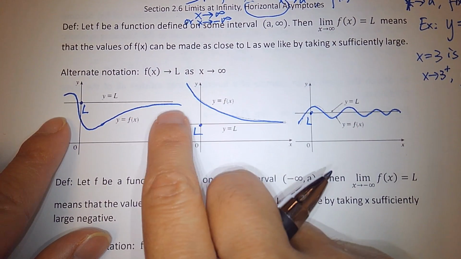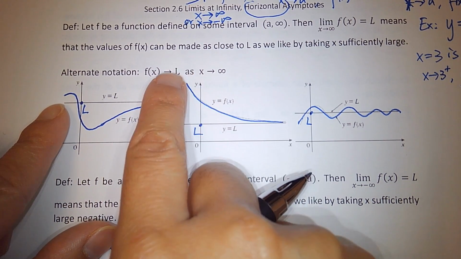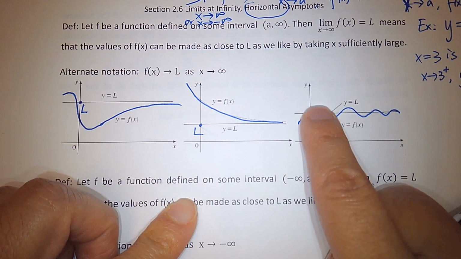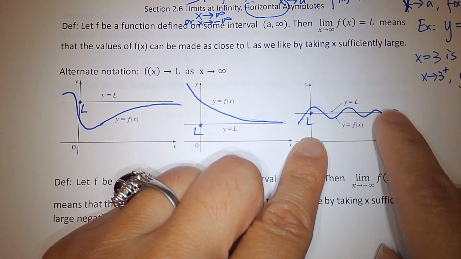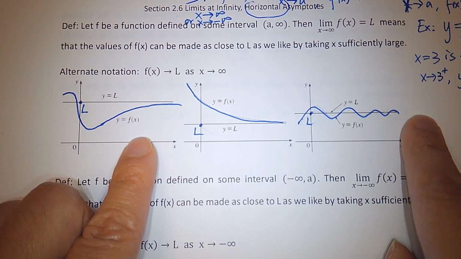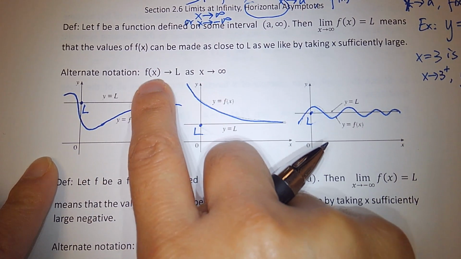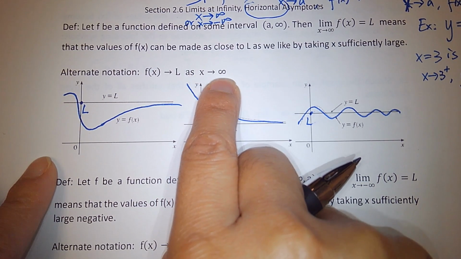Whatever the y value approaches, L, y equals L, this horizontal line, from below, or y approaches L from above the horizontal line, or y may intersect, y will go through L from either above or below. All of these three cases tell us y approaches L as x approaches infinity.